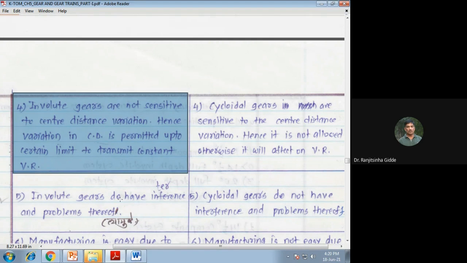Hence, variation in center distance is permitted up to a certain limit to transmit constant velocity ratio. At least one aspect you should notice, what is happening.